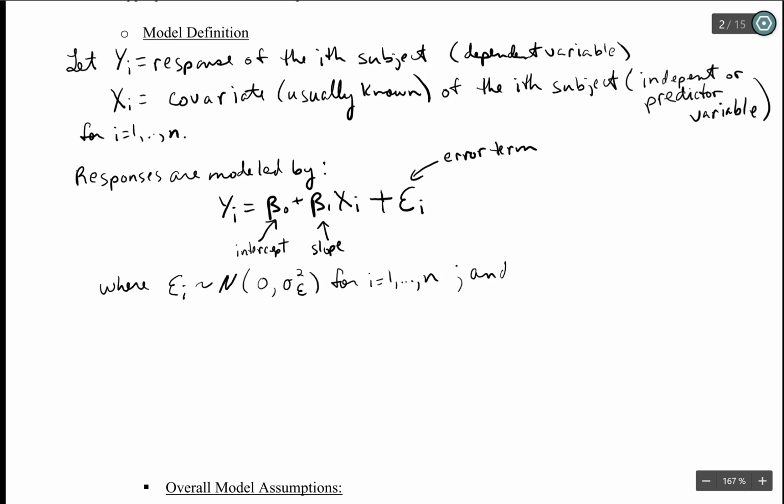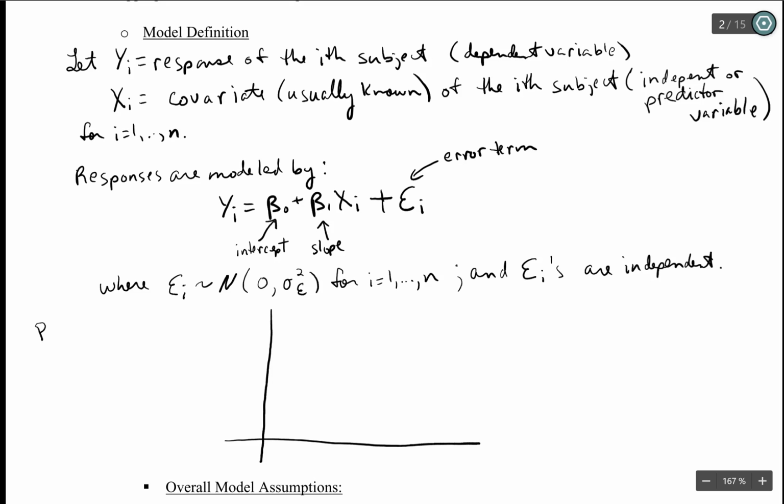And we also assume that the error terms are independent of each other. That is, they don't affect each other. So this is the mathematical model assumption that's set forth. Y is related to x through a line plus an error term. If we want a picture of this, this is a picture of the population model.